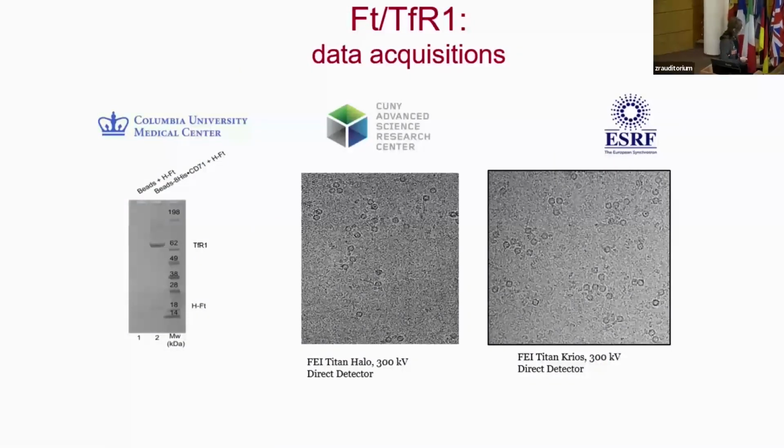So this is the first data we collected in the US, and these are the better data we collected at the ESRF. As you can see, in this case, the particles are visible in an exceptionally good way. Normally, you don't really see them. You try to imagine them. But with ferritin, you can almost always see them. Ferritin is the myoglobin of cryo-EM.